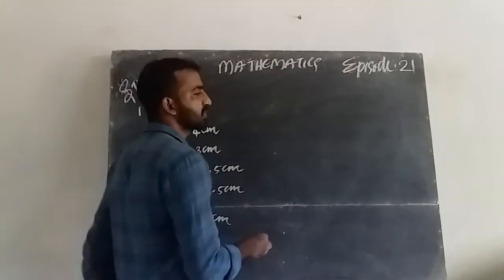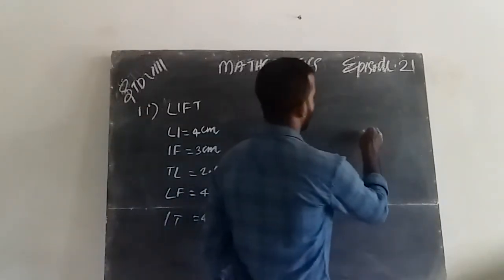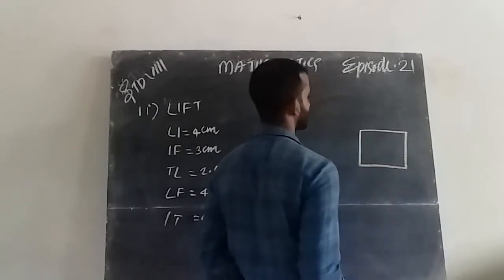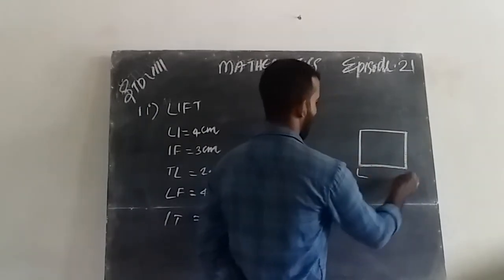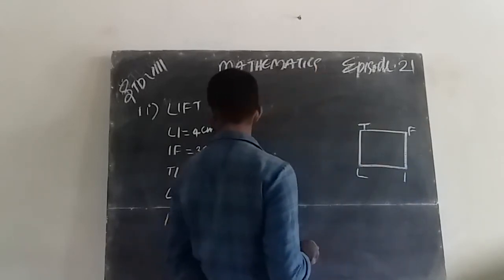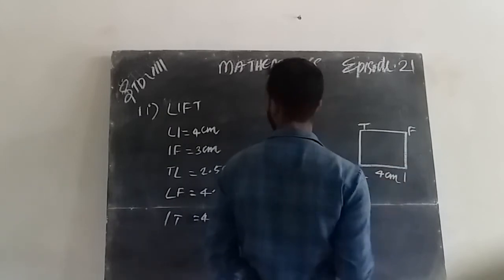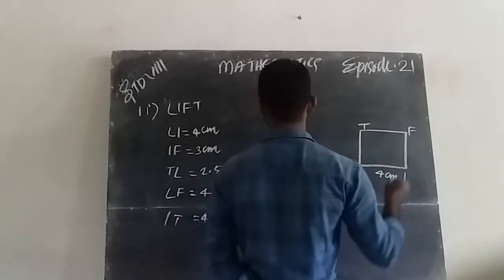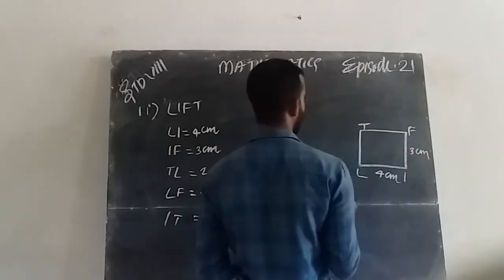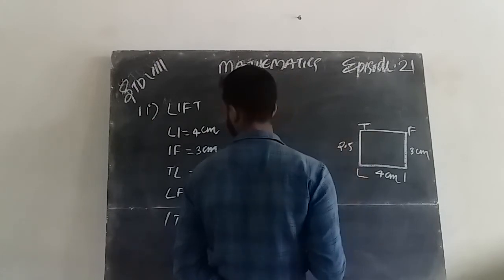Is it? First, what do we do? First, we draw the rough figure. That is L, I, F, T. LI is 4 centimeter and IF is 3 centimeter and TL is 2.5 centimeter.